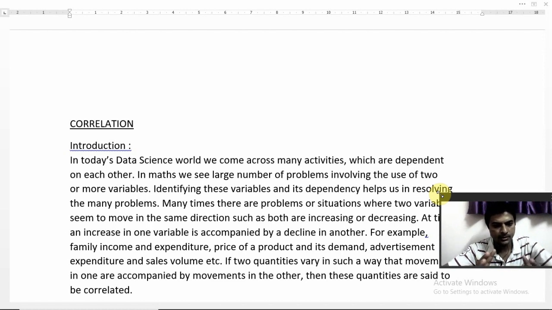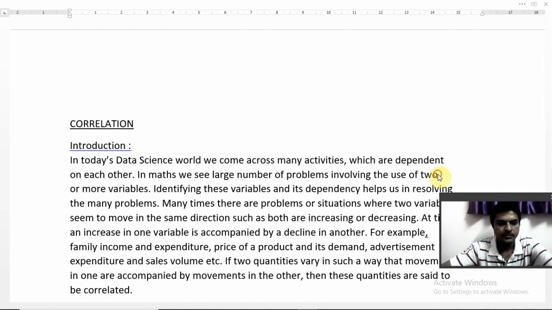So like this, the exam is an independent variable, whereas you are dependent. In maths we see a large number of problems involving the use of two or more variables. Identifying these variables and their dependency helps us in resolving many problems.